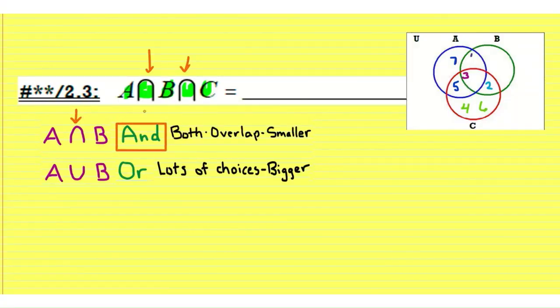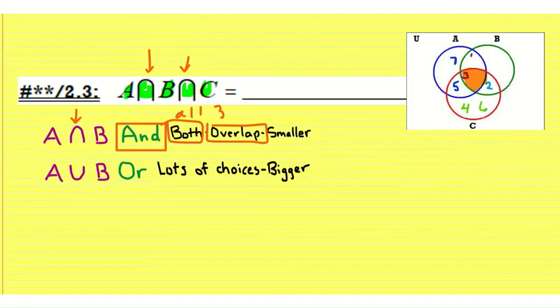What elements are in set A and in set B and in set C? Of course, that would mean in all 3 sets. It will be the overlap between those 3 sets. With 3 circles, it will be in the middle. It will be whatever is in the center.